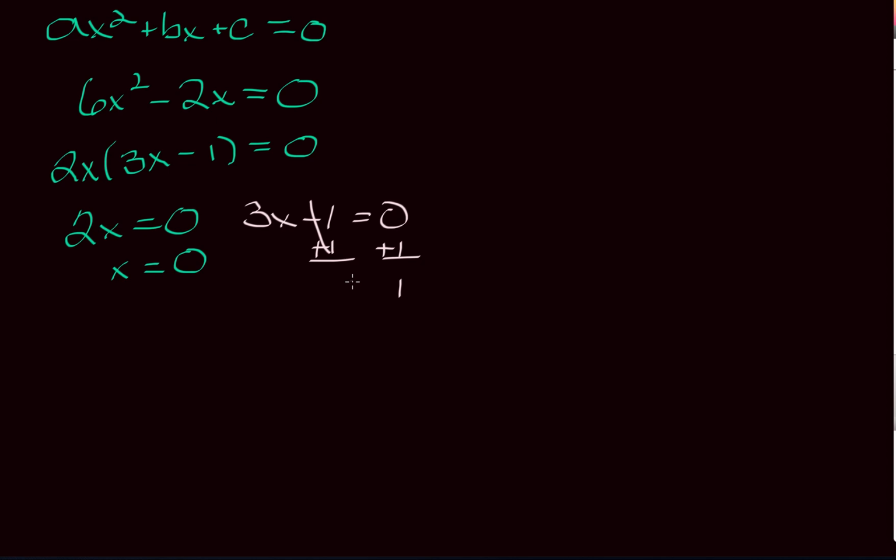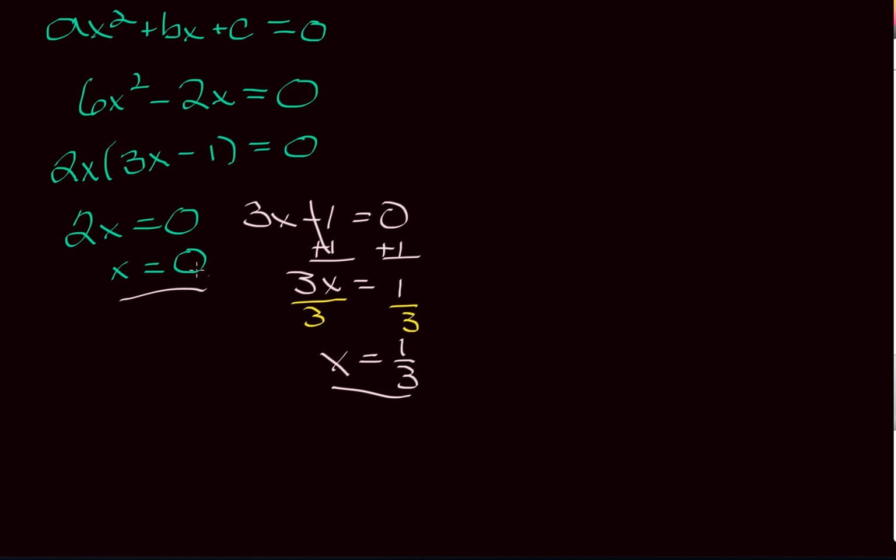We have 3x equals 1. And then, because that's what we do, we divide by 3. So x is equal to 1/3.